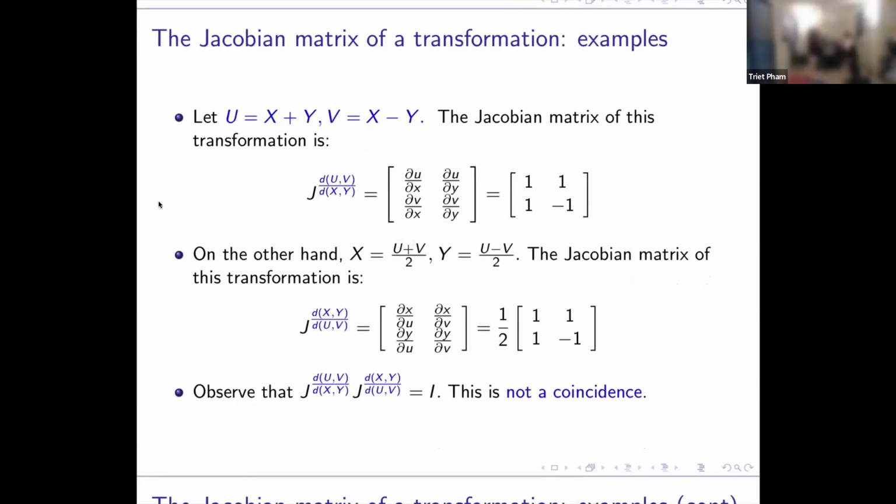And a corollary of this is that the determinant of this matrix is 1 over the determinant of this matrix. They're inverses of each other. Any questions so far?